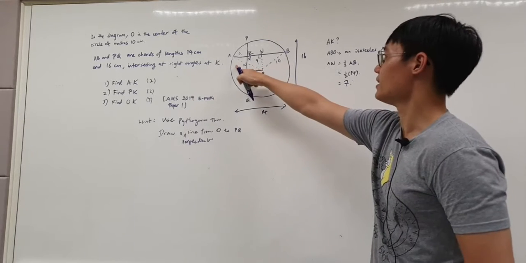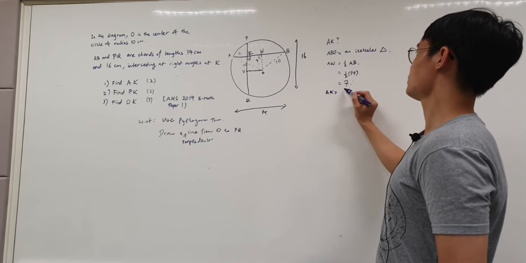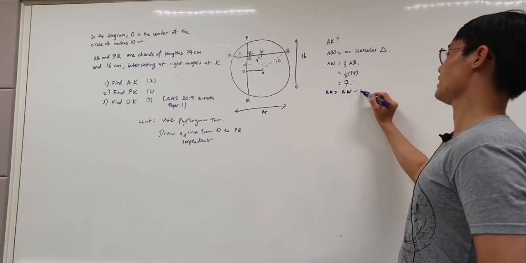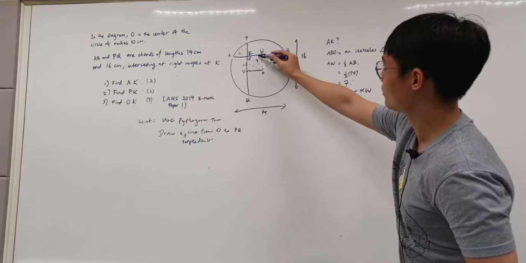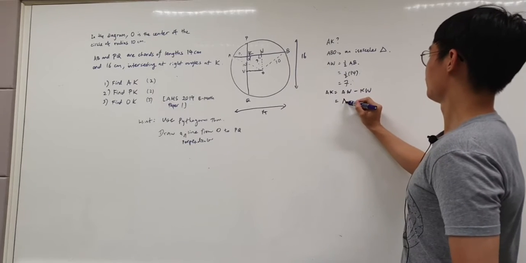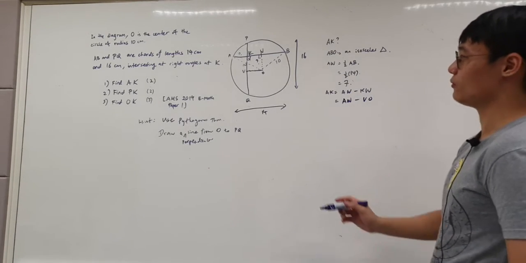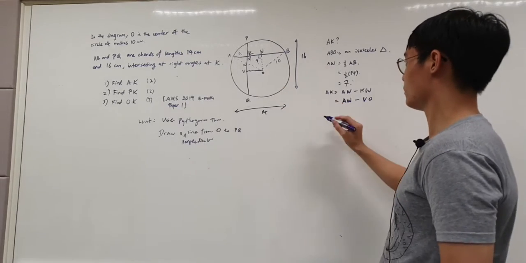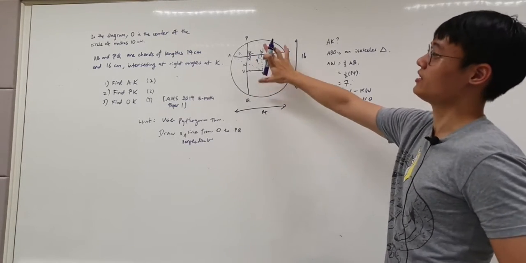Now, how do we get AK? We need to find KW. So AK is equal to AW minus KW. But what is KW? KW is also equal to VO. And what is VO? Let's find VO. We can apply this isosceles triangle concept over here as well.